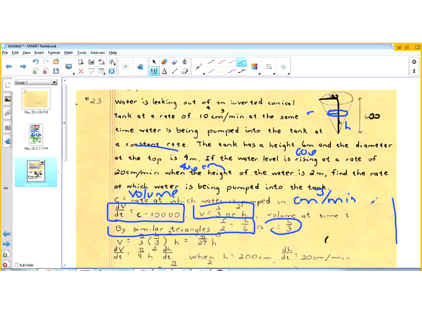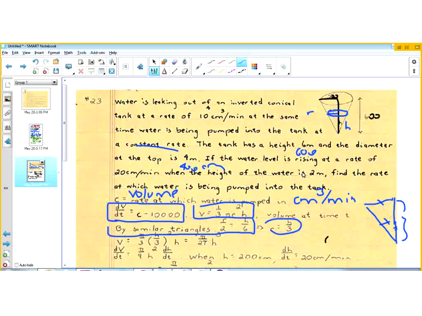So by similar triangles, it went like this. We had a right triangle, like here, and then we had another right triangle. And so by triangle similarity, the ratio of the lengths of these two sides is equal to the ratio of the length of this side to the length of this side, since the angles are the same.